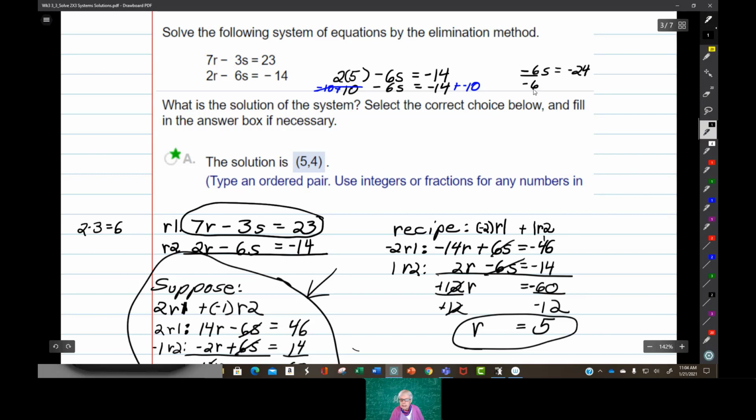Divide by -6, divide by -6. The negatives cancel, the 6s cancel, leaving me with S equals, and -24 divided by -6 is 4.